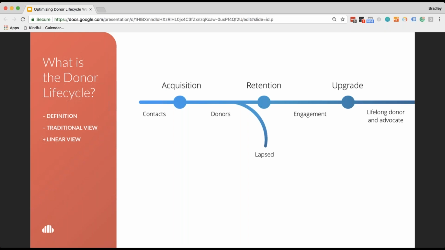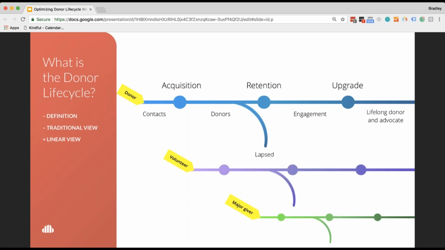And so as you look at this, it's not only having one donor life cycle that's important, it's also understanding that you need to segment your donor life cycle into different types of donors or potential donors.